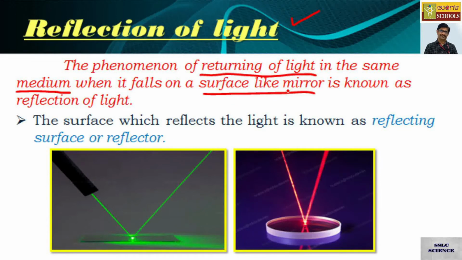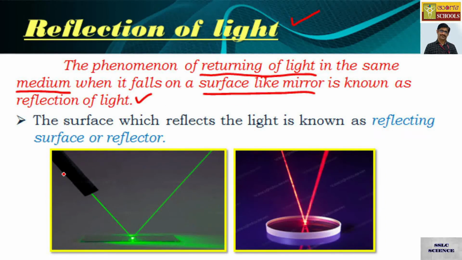That phenomenon is known as reflection of light. Simply, the phenomenon of returning of light in the same medium when it falls on a surface like a mirror or any mirror-like surface is known as reflection of light.